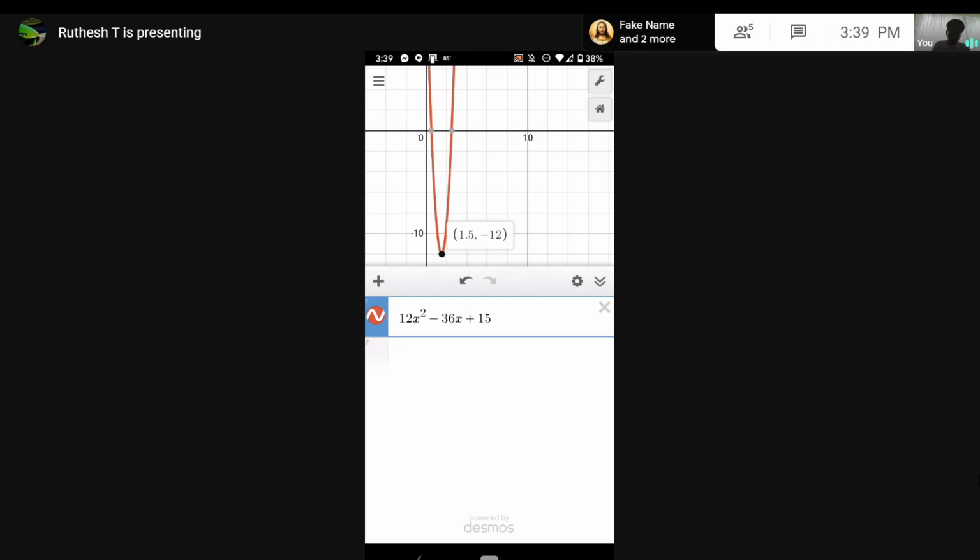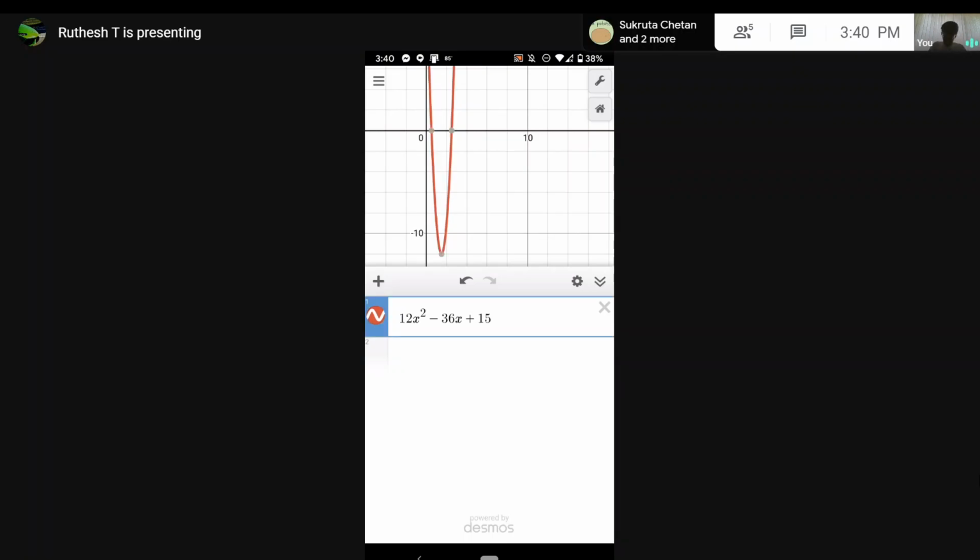So at time t equals 1.5, we realize that the derivative or the slope of the tangent line is 0, which means that the acceleration basically switches from velocity decreasing to velocity increasing, and at this specific point the acceleration changes sign.